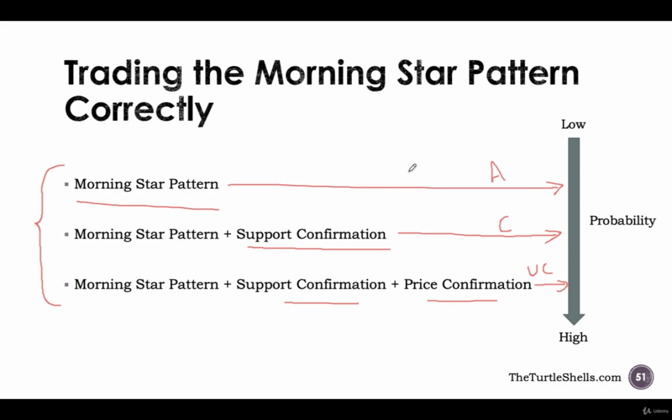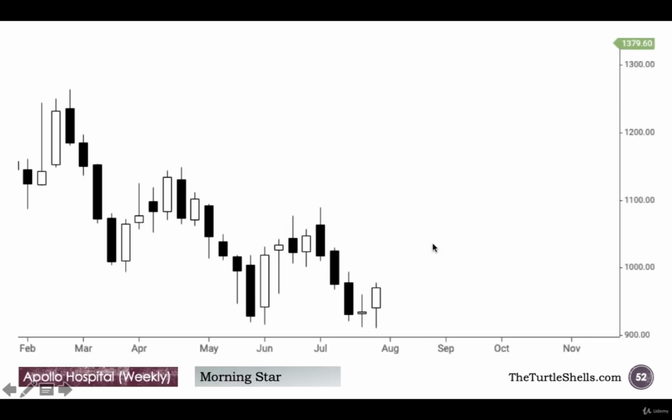The more confirmations you have, the more you are increasing the probability that the trade will work out in your favor. However, in these 2 cases, if we wait for a price confirmation, we are buying at a higher price, remember. So we are increasing our probability of the trade working out. However, it is coming at a cost which is the reduced reward to risk.